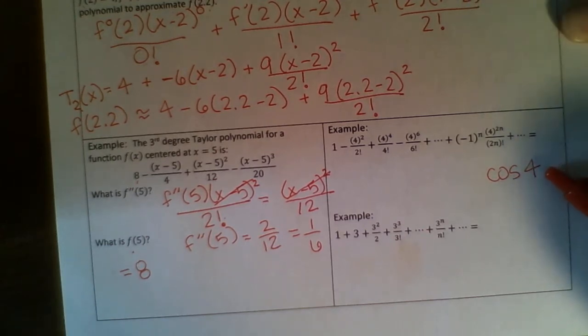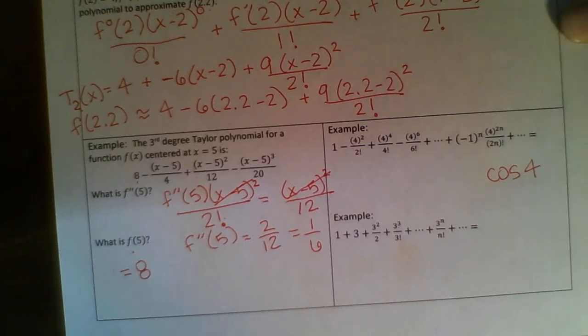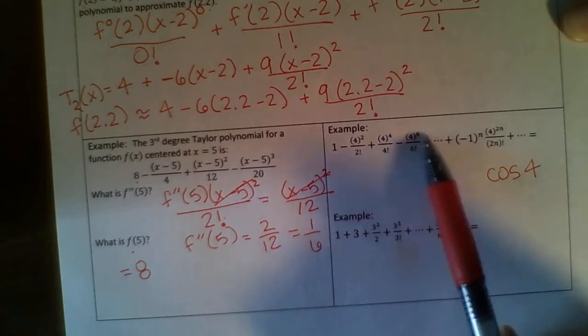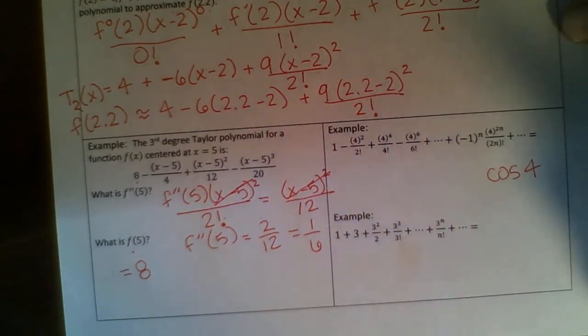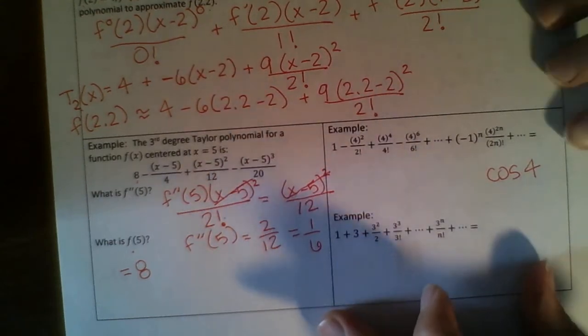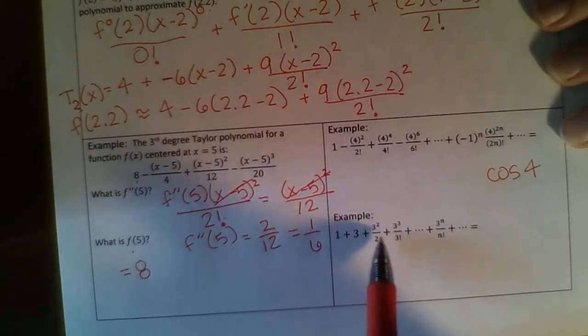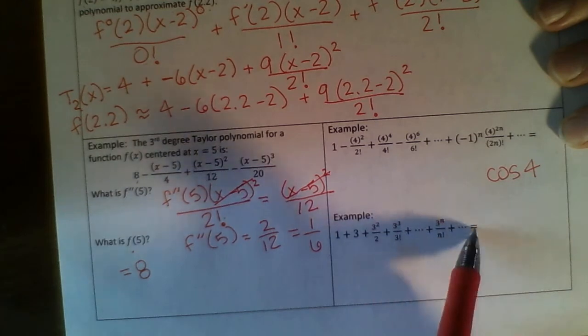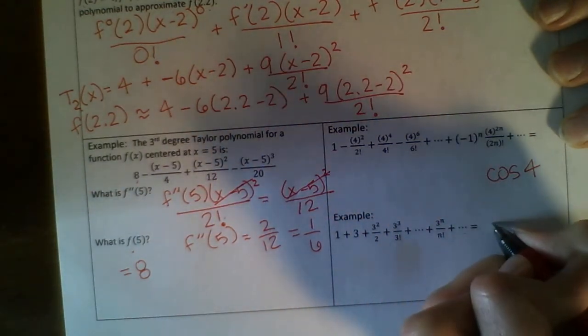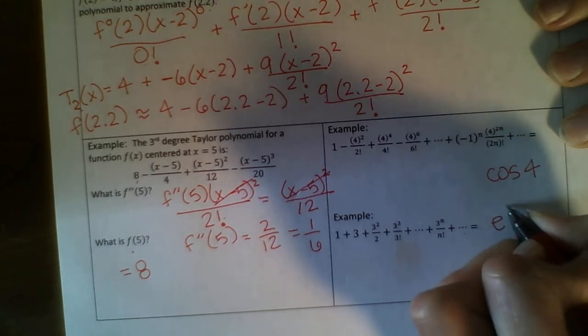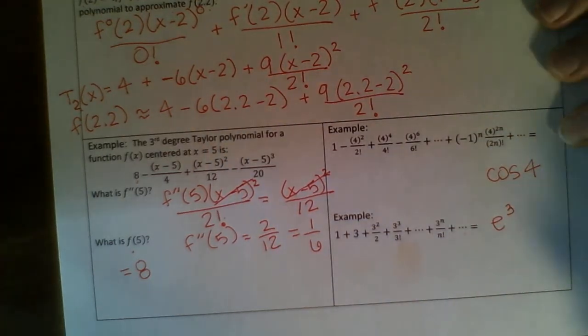It does not know how to use the unit circle and find cosine of 4. It approximates cosine of 4 by using the first several terms of the Maclaurin series for cosine. This one resembles e to the x, and in place of all the x's, there's been a 3 inputted. So this is just equivalent to e cubed.